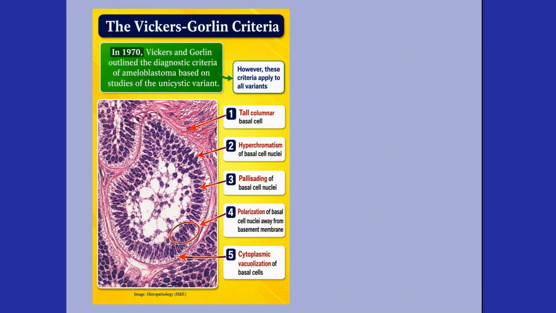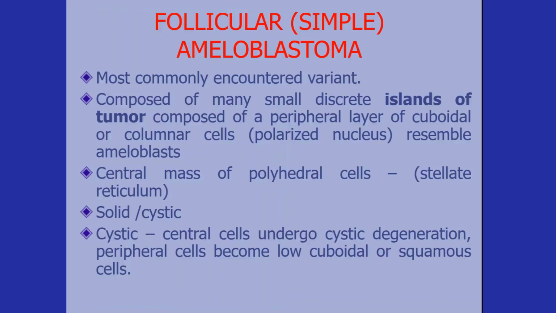We saw that the nuclei were palisaded or in the same line. We also saw polarization of the basal cell nuclei away from the basement membrane. Also, there was cytoplasmic vacuolization of the basal cells. All of these criteria are important for a tumor to be formed, so they are satisfying the Vickers and Gorlin criteria.